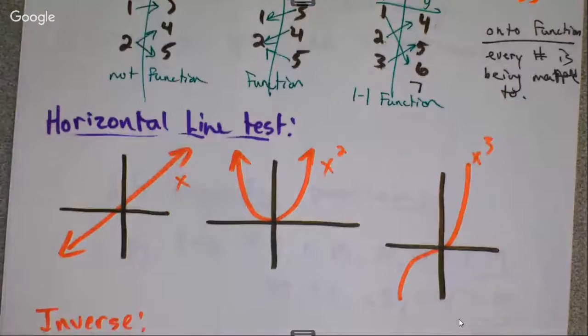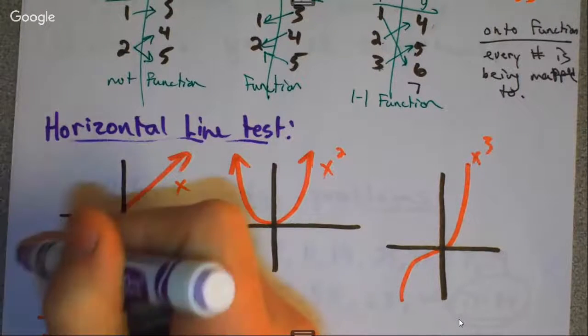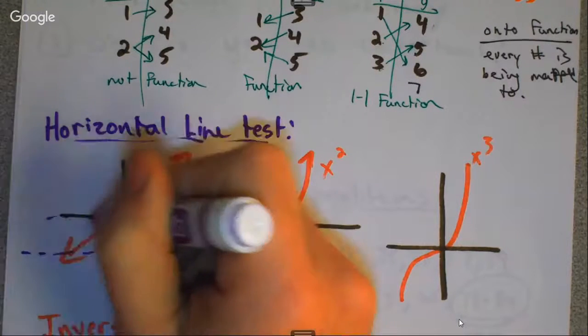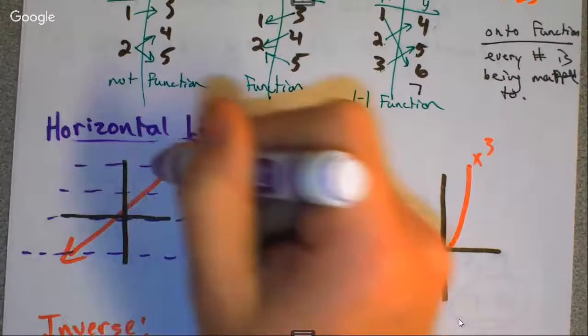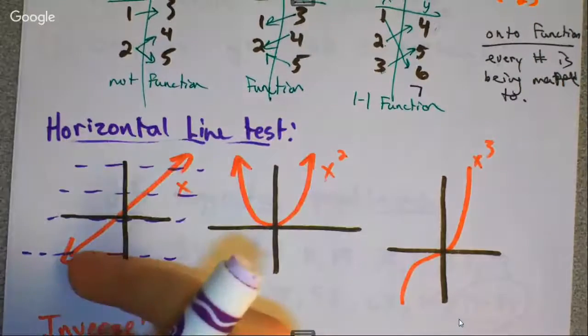The horizontal line cannot touch my graph anywhere more than once. So a line, linear, is a one-to-one function.